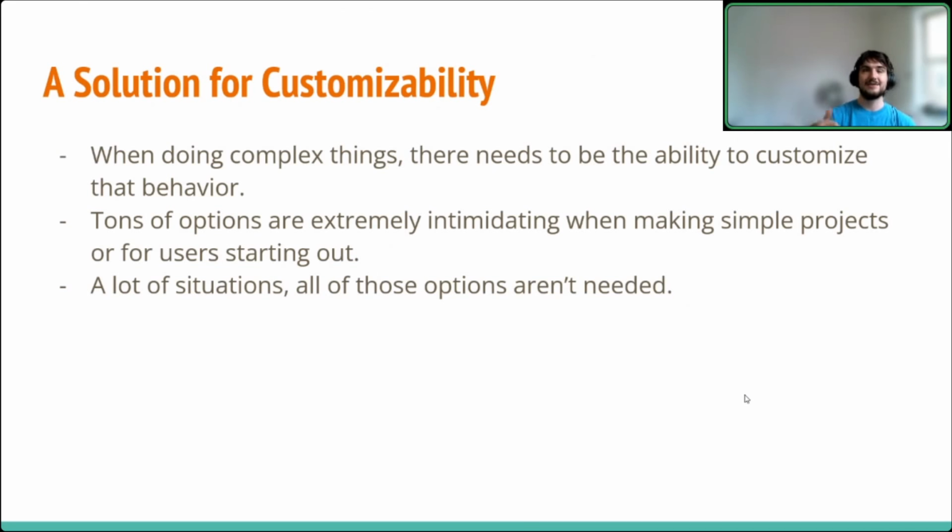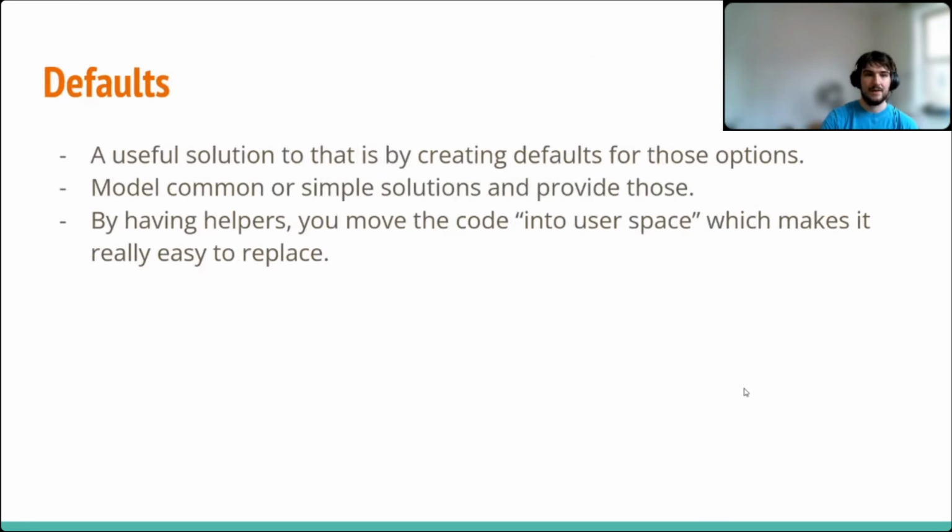Again, calling back to Quark's talk, if you're just foisting the problem on the users, it's still your problem. This is one way to solve that problem: provide defaults. Model common solutions, and by having helpers as opposed to intrinsic functionality, you move the code into user space, which means the user can change it. That is really helpful.